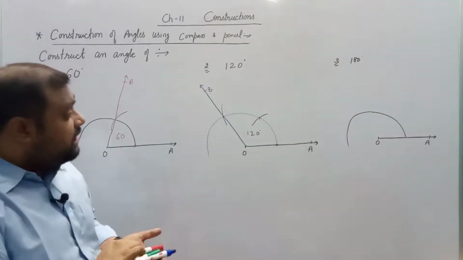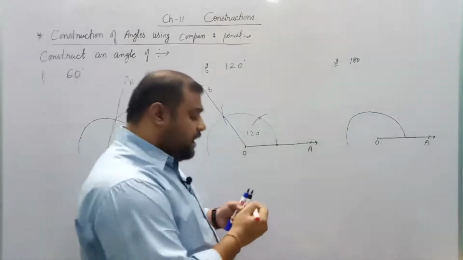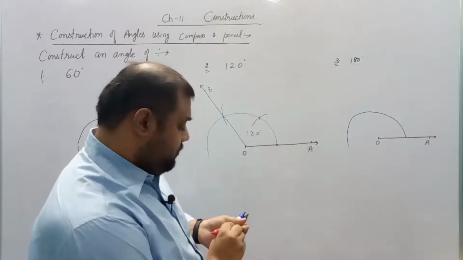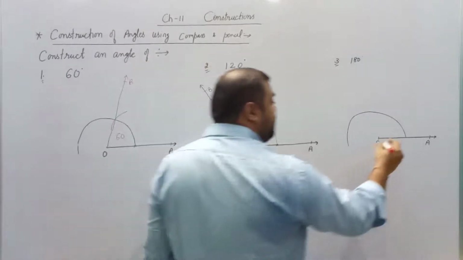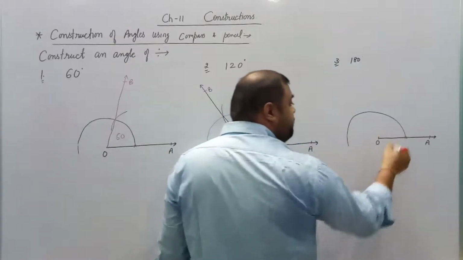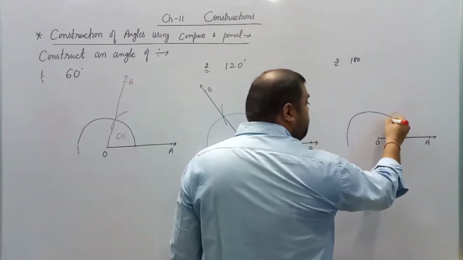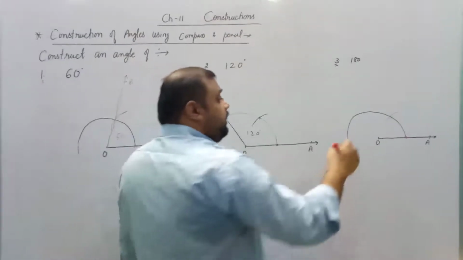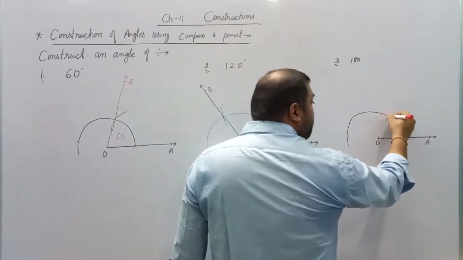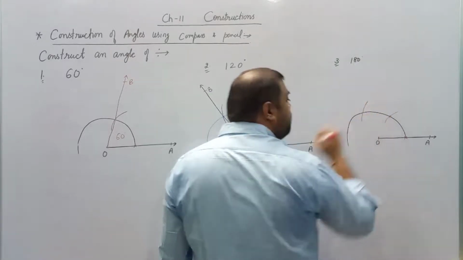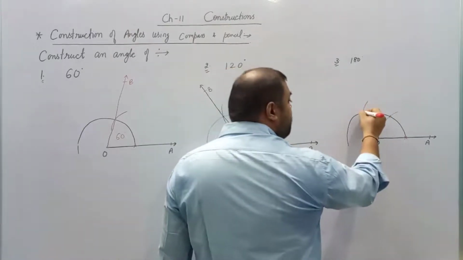Now construct an arc from this point with the same radius. Draw an arc, 60 degrees. Taking this point as center, draw another arc, 120.